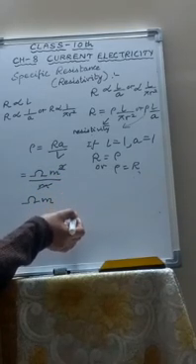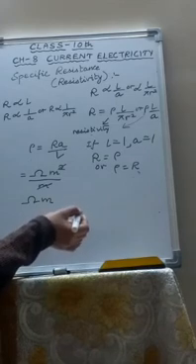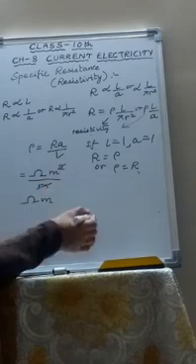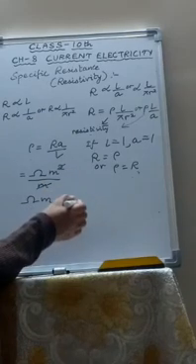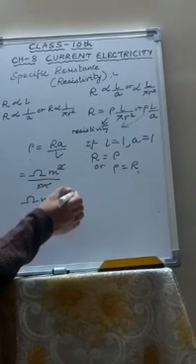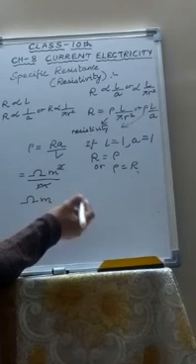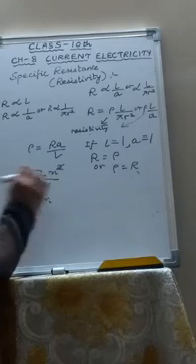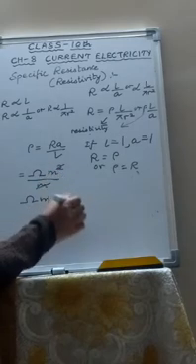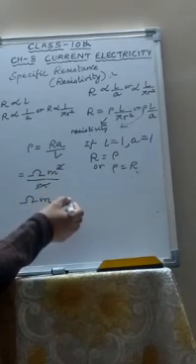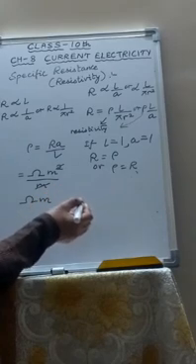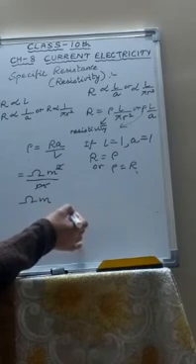And the second factor is that specific resistance also depends on temperature. It increases with increase in temperature for metals, but it decreases with increase in temperature for semiconductors. And for some alloys, like constantan and manganin, it remains practically constant with change in temperature. So the two factors affecting specific resistance are the material and the temperature.